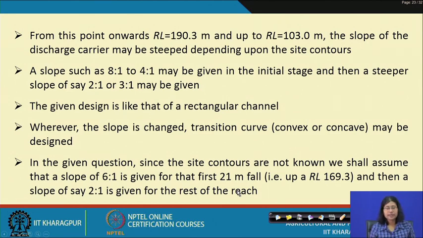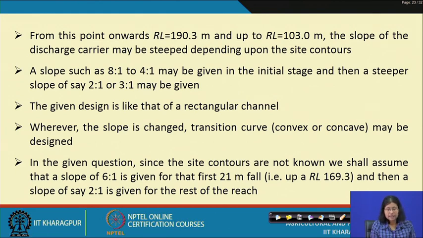Now, we have to construct a table for the design problem. From this point onwards, from a relative level of 190.3 meter up to a relative level of 103 meter, the slope of the discharge carrier may be steeper depending upon the site contour. A slope such as 8:1 to 4:1 may be given in the initial stage, and then a steeper slope, say 2:1 and 3:1, is to be given.